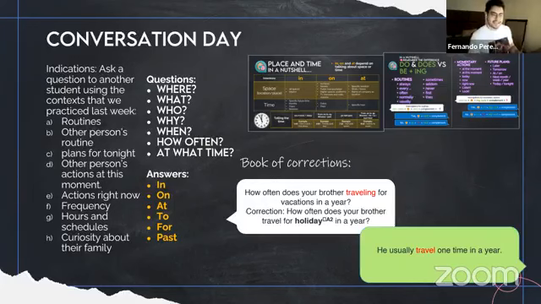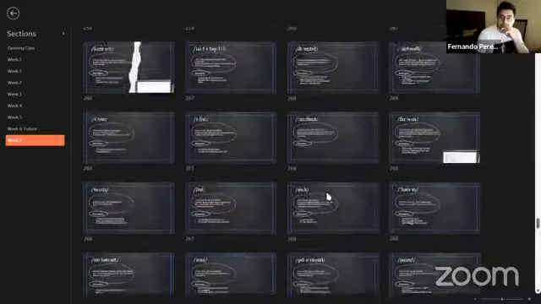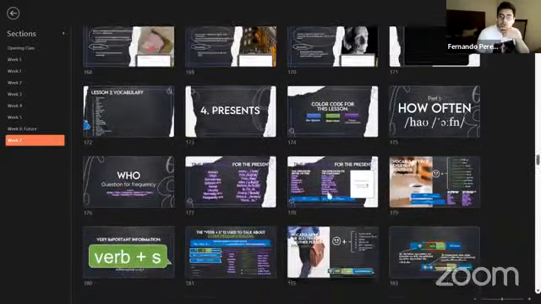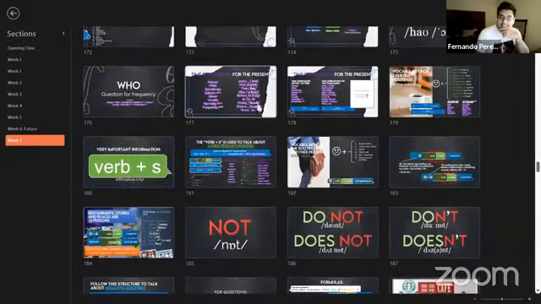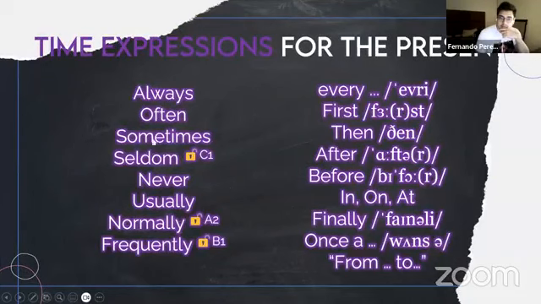Another option, when you use a one time a year, it's more common to use the expression once. Always, usually, normally, once a. Okay, so eliminate one time and replace with once a.